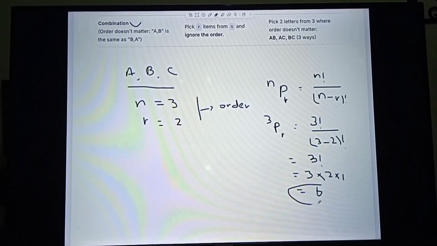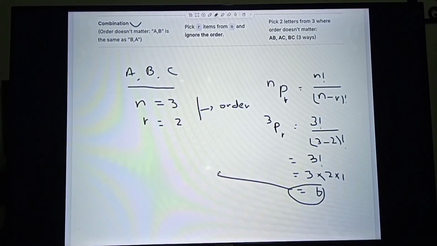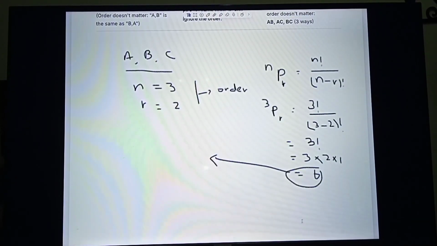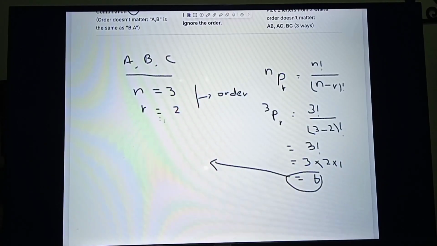So how will you form this order? The total arrangements are 6. Now let's see what they are. So 3 books, and keeping two books at a time, we can arrange it in this way.